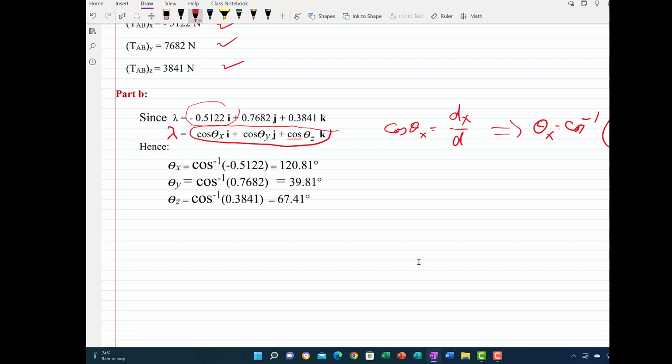Theta y is cosine minus 1 of the second term, and theta z will be with this term here, cosine minus 1 of 0.3841 and so on. Once we got these three values, I was able to get theta x, theta y, and theta z.